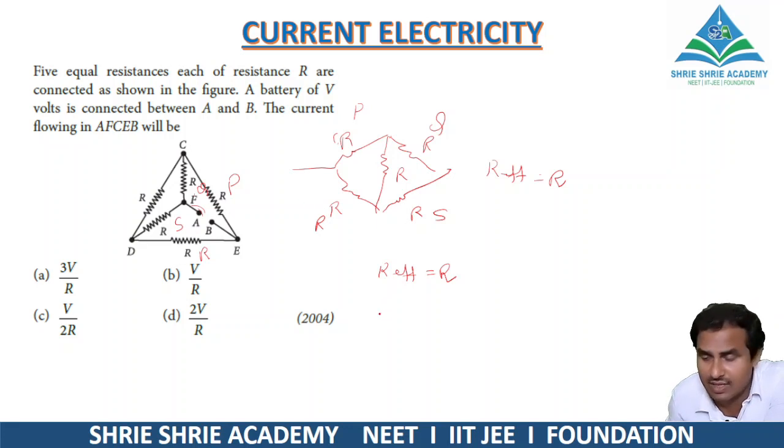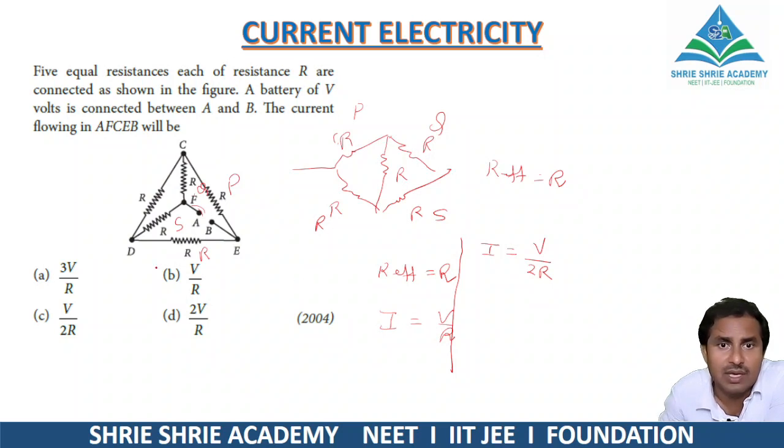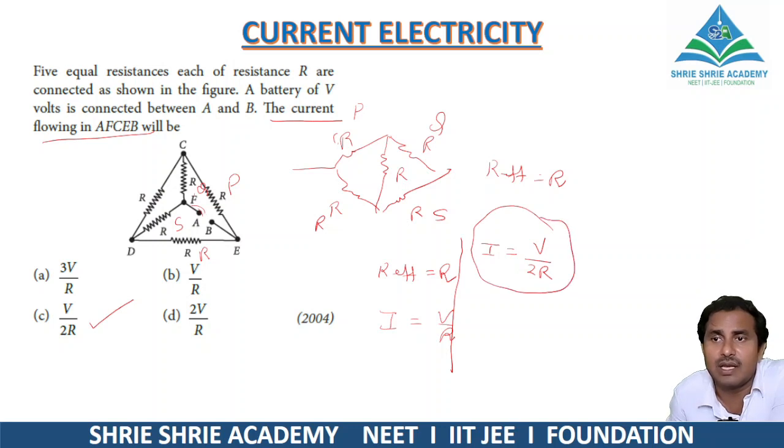Total current is equal to total voltage by total resistance, and for half of the circuit the current will become half, so V by 2R. The answer will be the third option, because AFCEB carries half of that current, so V by 2R is the correct answer, right?